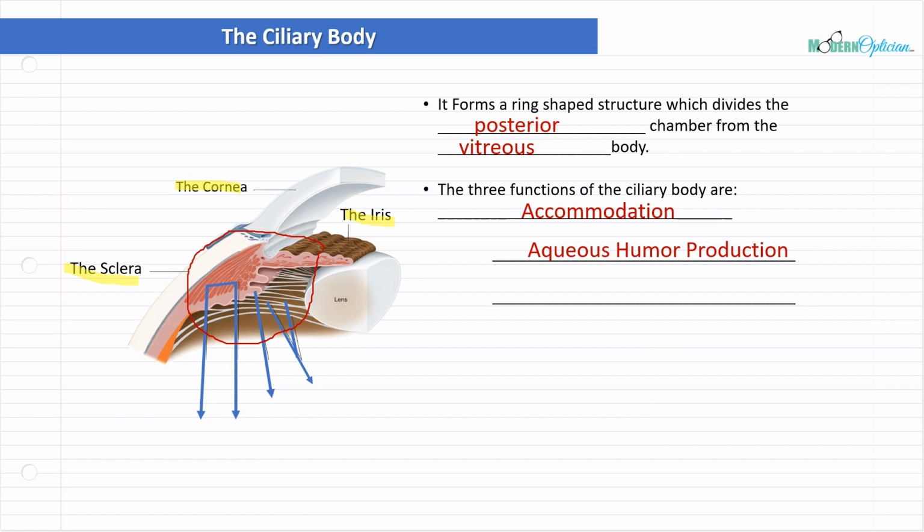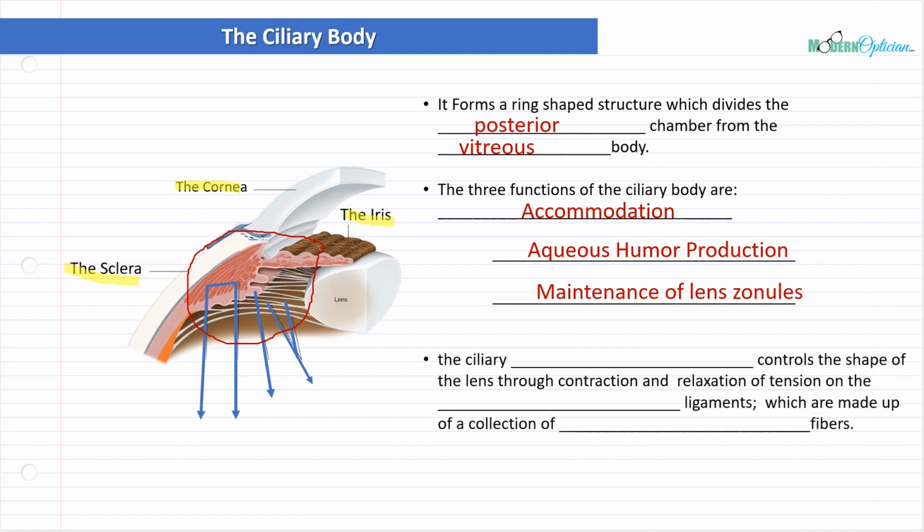We've already touched on that a little bit: the fluid in the anterior chamber and posterior chamber that provides nutrients and nourishment to the internal components of the eye, and also regulates intraocular pressure. And it also has the role of the maintenance of lens zonules. Less important for us, however, the lens zonules are the little fibers that hold the crystalline lens. So they're all interconnected in that state.